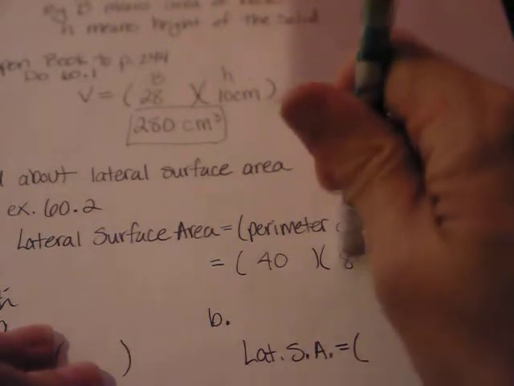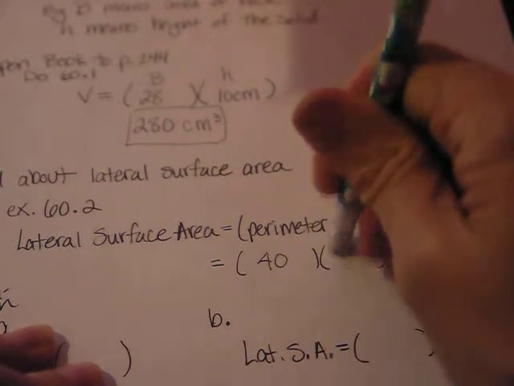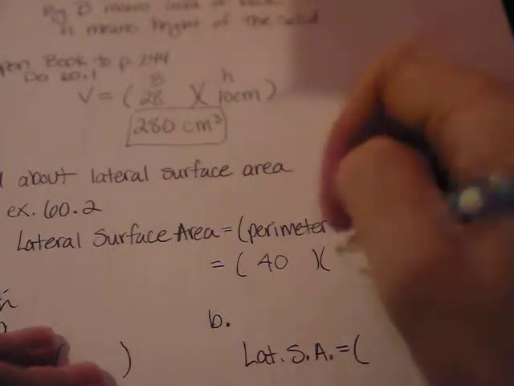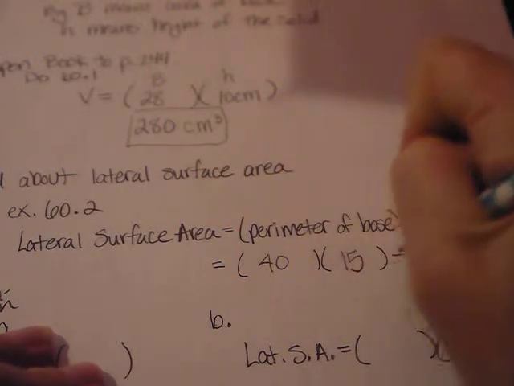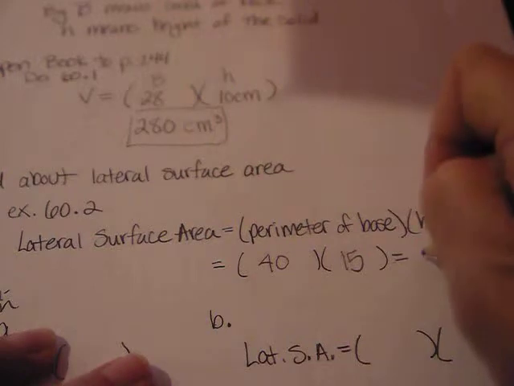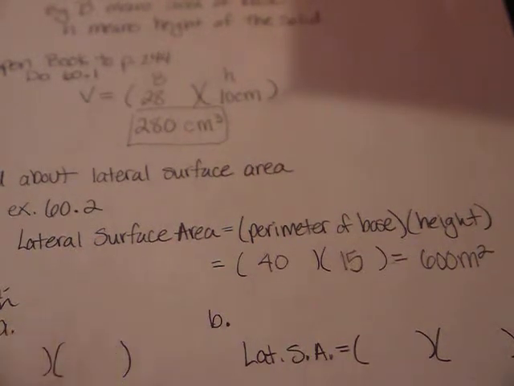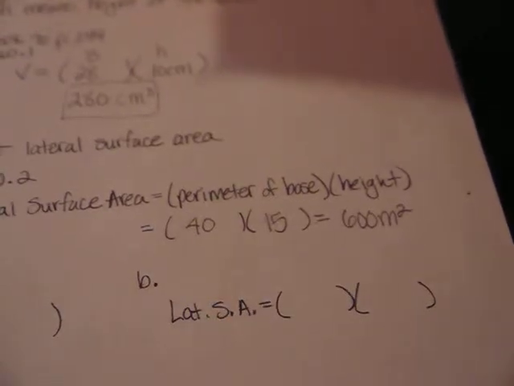The height is not 8. Sorry, it was 8 times 5, which is where we got the 40, times the height, which was 15. You multiply those together, and we get 600 meters squared. Now, remember, we're dealing with area, so we're squared.